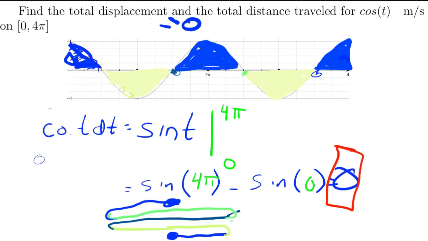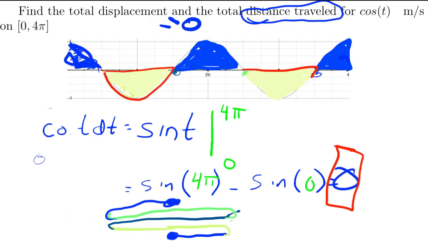Okay, so then to find the distance traveled, basically all of this that we're counting as going in the opposite direction is going to be counted as positive because it counts as positive distance. And that's what we're looking for. What's the total distance that our rabbit traveled?